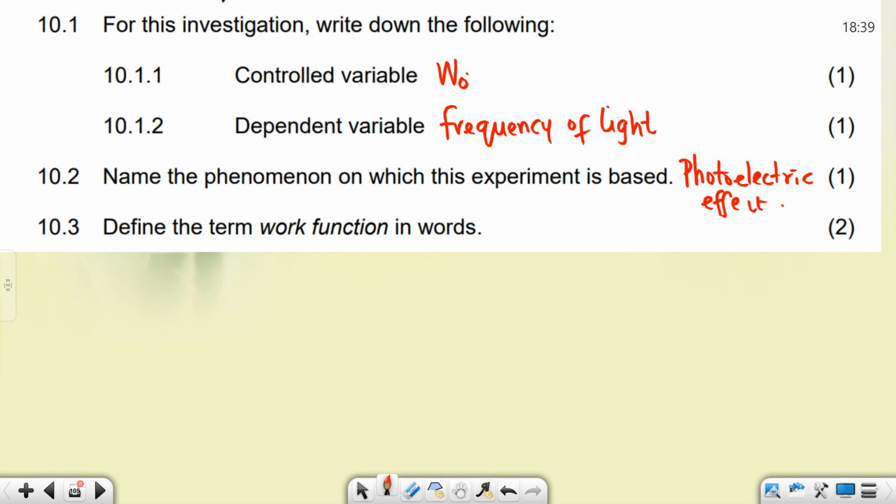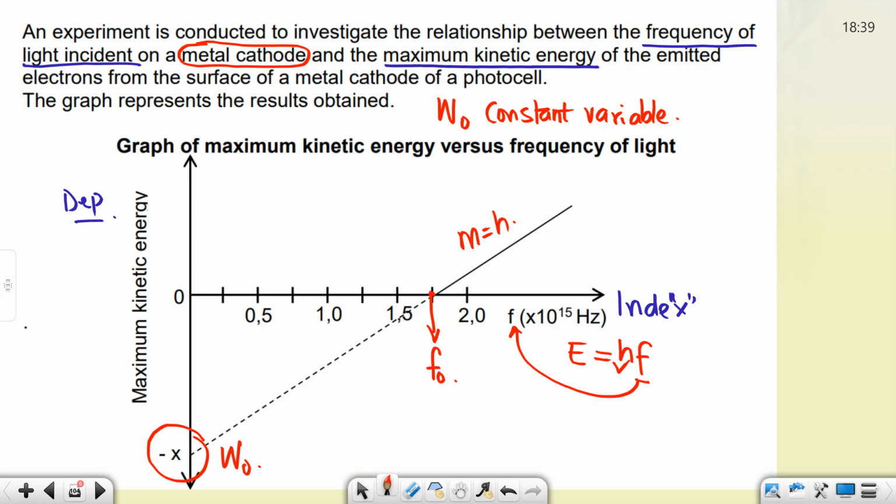Let's go look at the value of x. We have already identified x as our work function. So we do not know the work function. What do we know? We know the threshold frequency. That point is my threshold frequency, and you would see it is in the middle of 1,5 and 2.